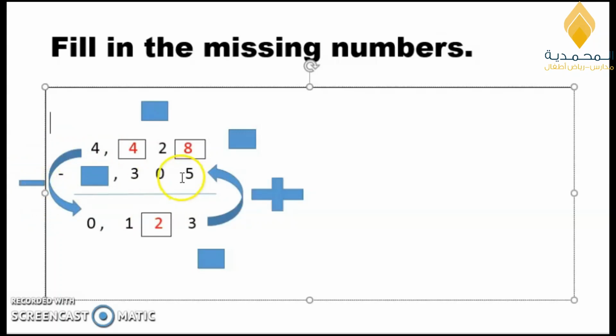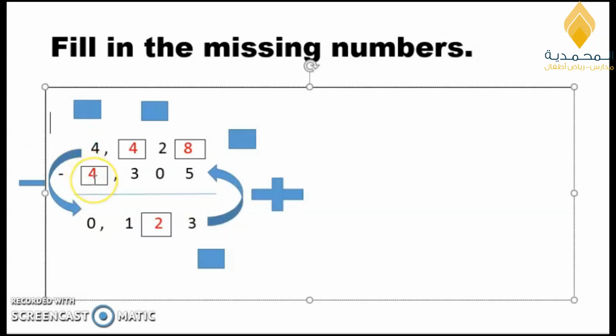Again, I will repeat. If the two numbers are close to each other like 3 and 5, add them. And like 3 and 1. But if the two numbers are far away from each other like 4 and 0, put a row between them and subtract them. So 4 minus 0 is, excellent, 4.